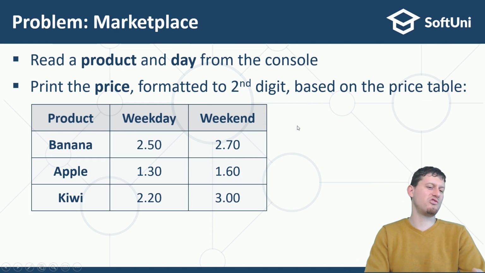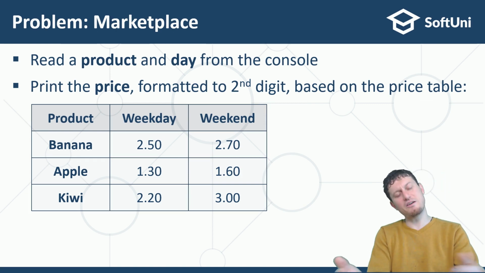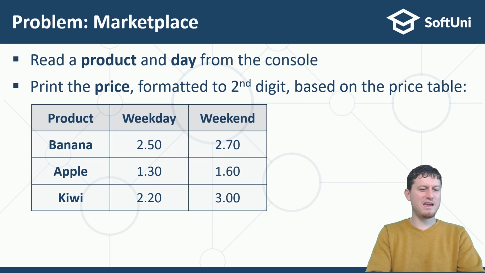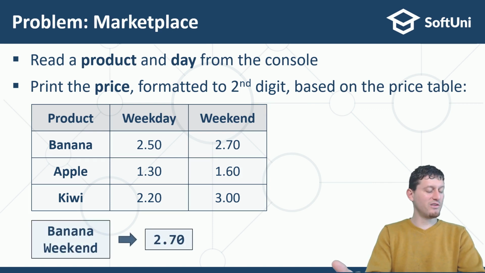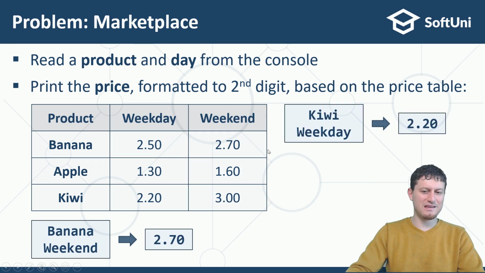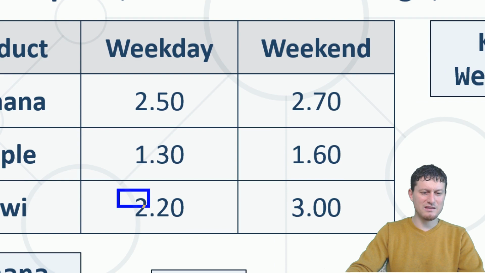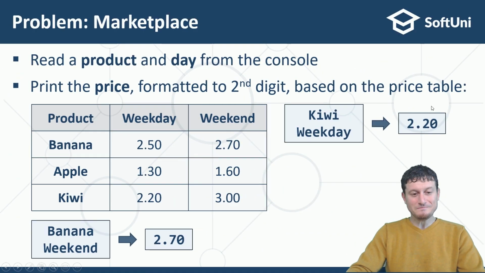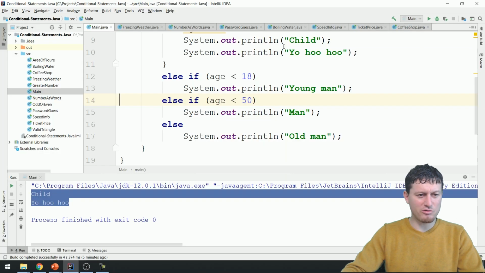So we need to check the product and after that check the weekday, and with nested statements we can calculate the price. So if the input is banana in the first line and weekend in the second, the output should be 2.70. If the product is kiwi and the day is weekday, this is the price, 2.20. So this is our problem, and I'll solve it.